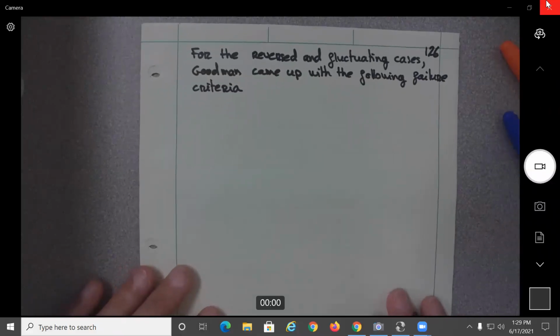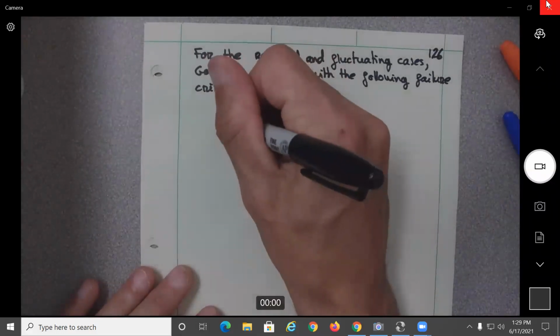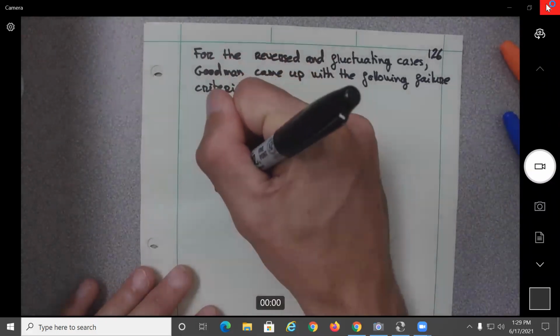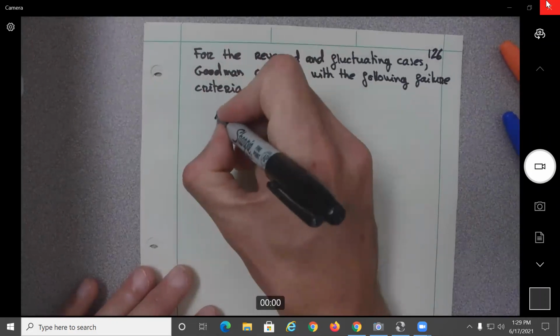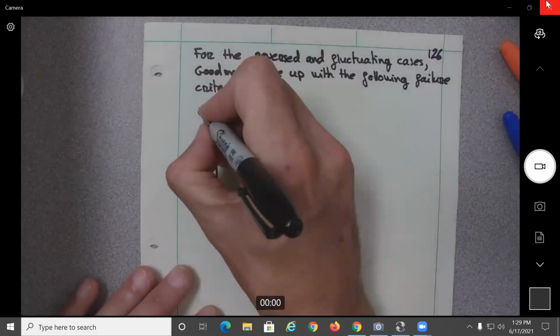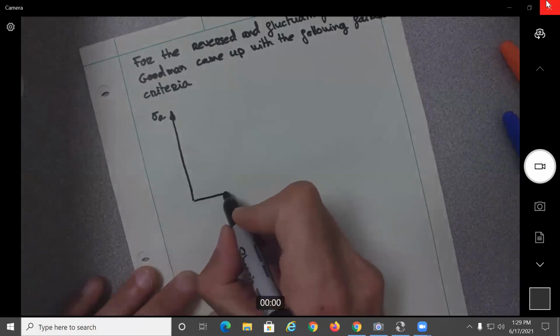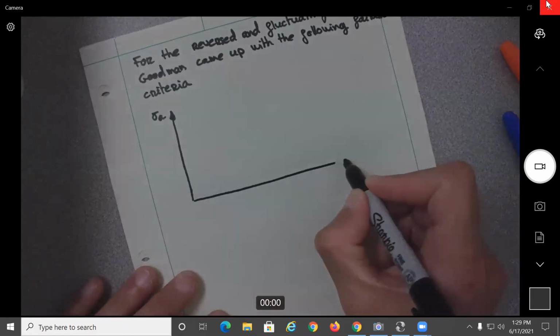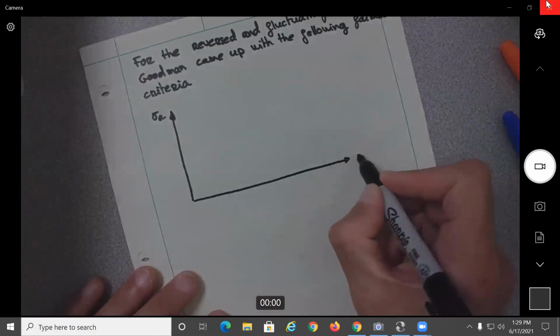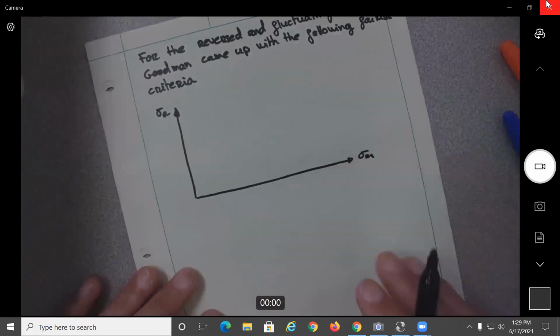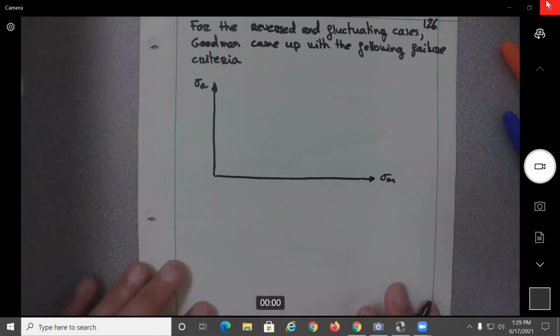So let's see. The important thing is to understand the figure. So on the y-axis, we're going to put the alternate stress. On the x-axis, the mid-range stress.